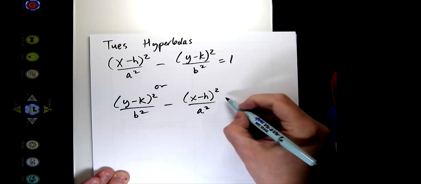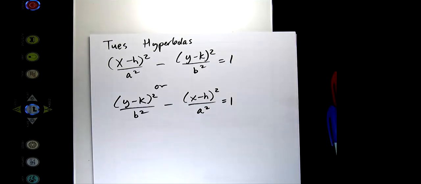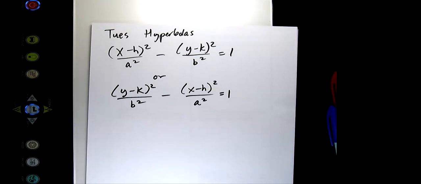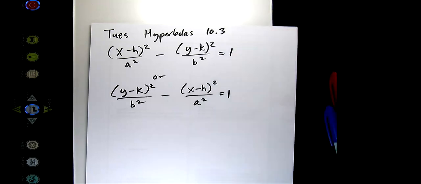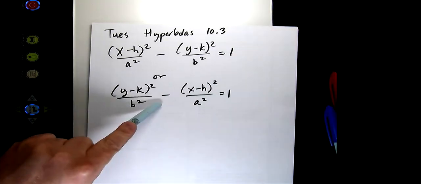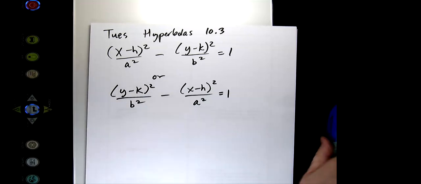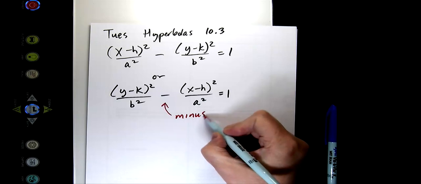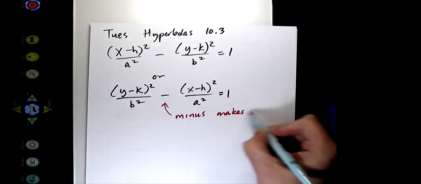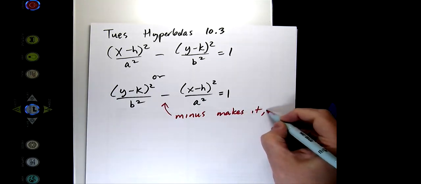So when you see those, don't do those. Is that going to be 10? Yes, that's 10. So the minus sign is what makes it the hyperbola, not the ellipse.